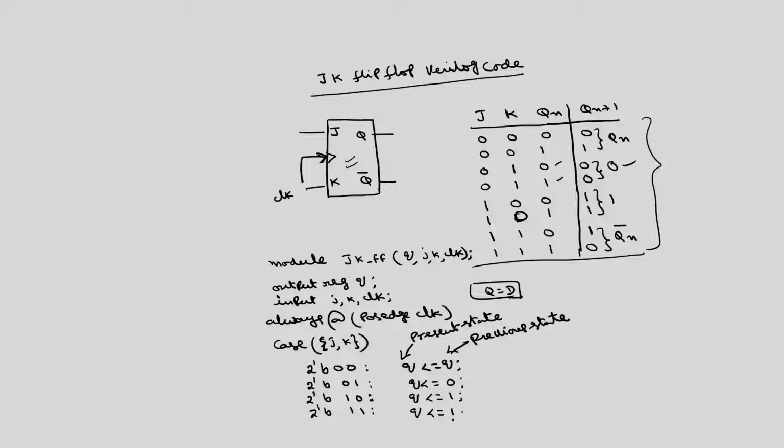This is the complement operation. Then end case, end module. This is about the JK flip flop.